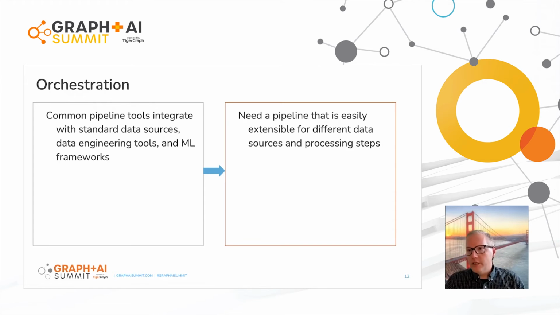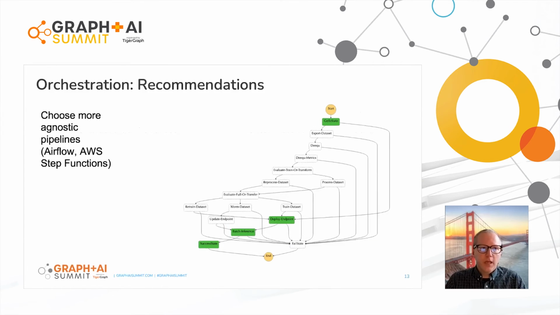But they may not always integrate easily with the specific tools and connectors and data sources we have when a graph database is part of the picture. And so we may have to make sure that the pipeline tool we use is very easily extensible so that we can include different data sources like our graph database and different types of processing steps.